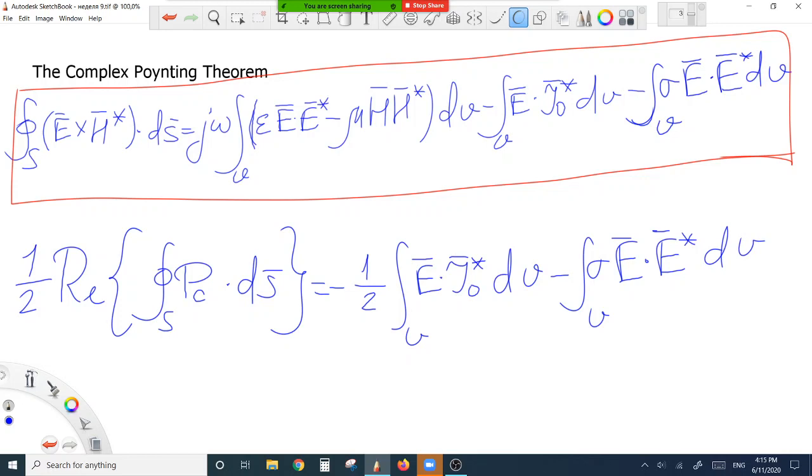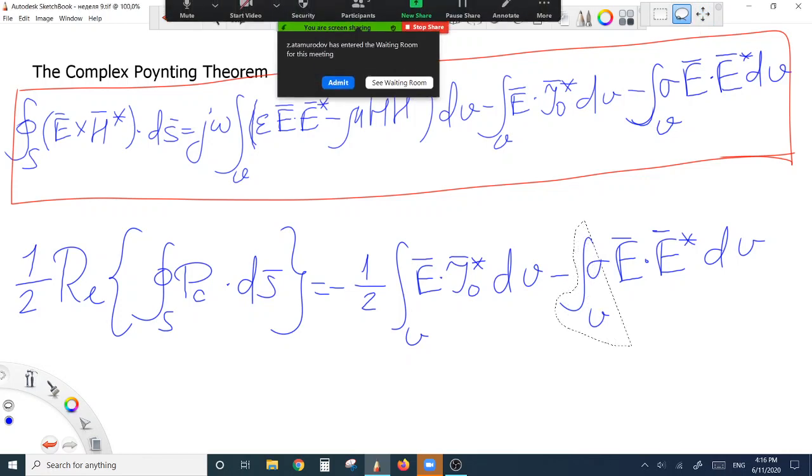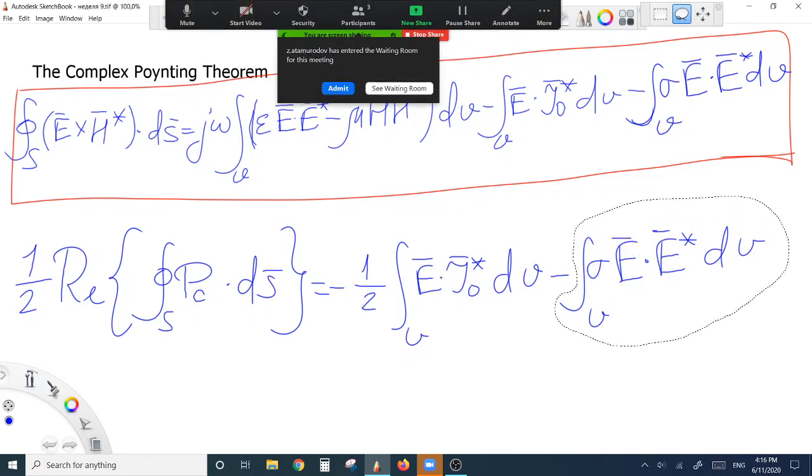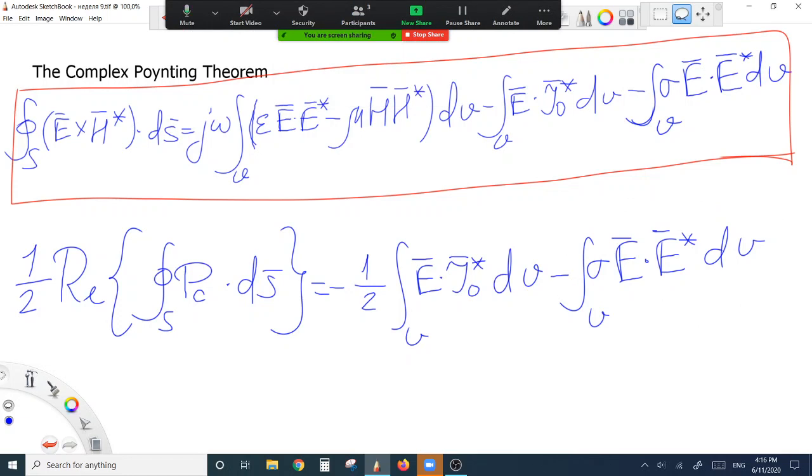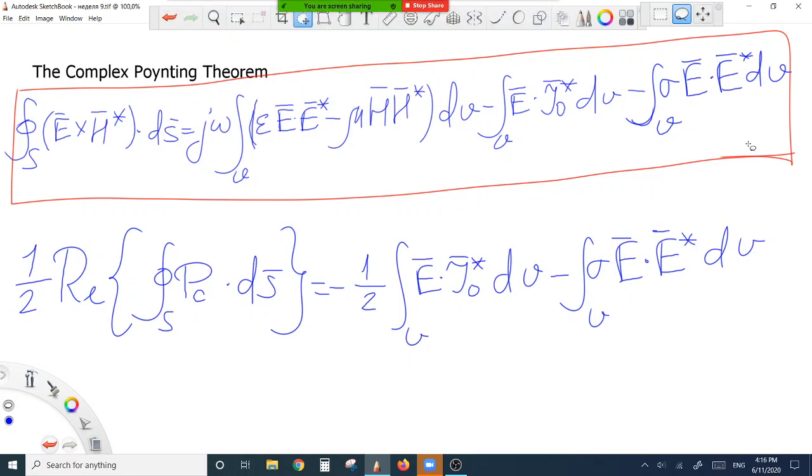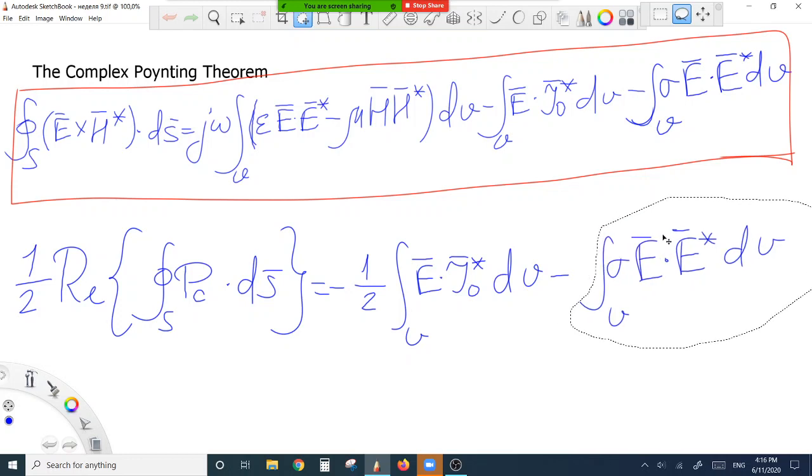Of course, here also should be 1 over 2. Sorry. Let me move it a little bit, and I will add here 1 over 2.